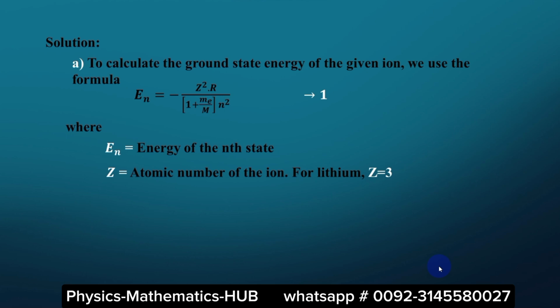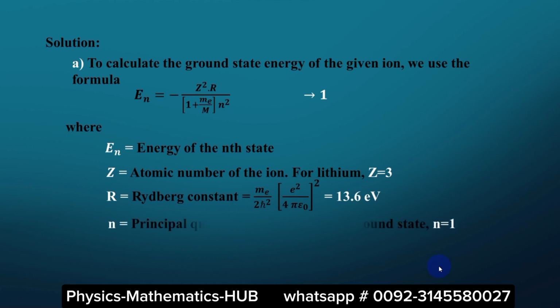In case of lithium, Z is equal to 3. R is the Rydberg constant and is given by the formula. Substituting all the constants, we get 13.6 electron volt. N is the principal quantum number. For the ground state, N is equal to 1.